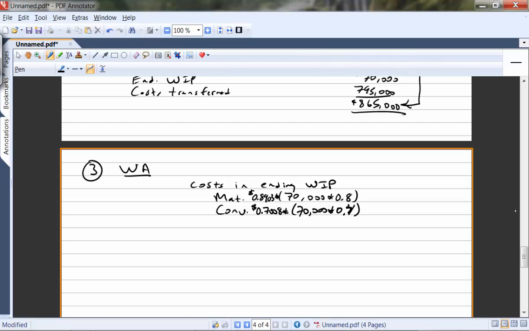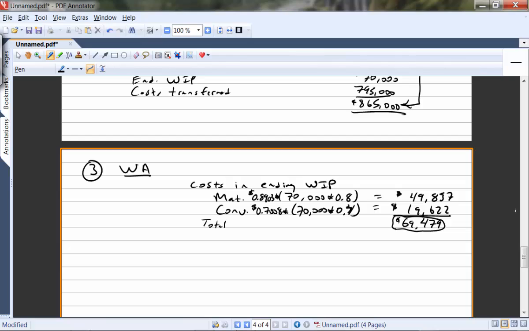I believe this is right. And so then this number is 49,857, and this number is 19,622, and the sum of these numbers is 69,479. This is our estimate under weighted average for the total costs that are left in ending WIP.